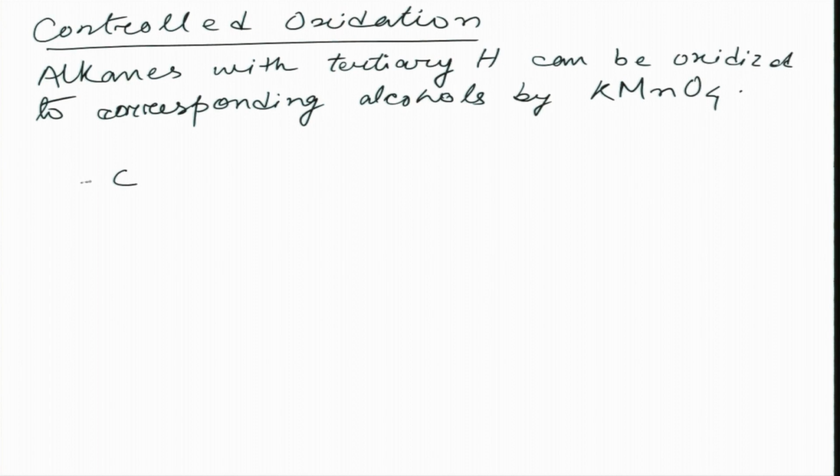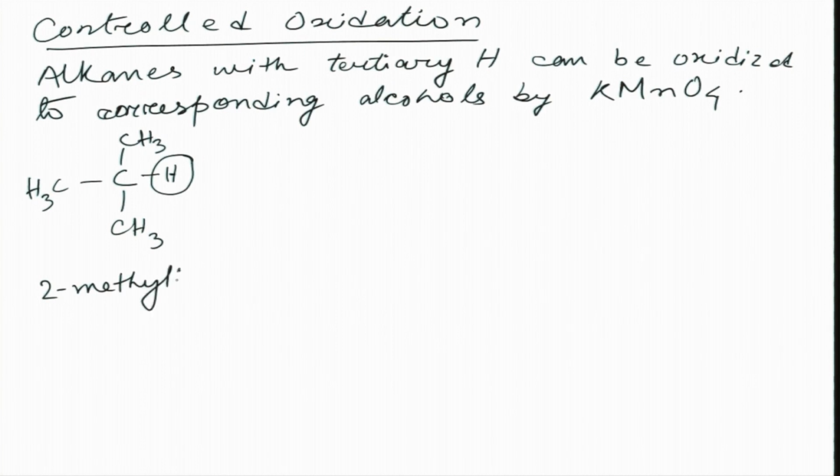Okay. So, let us consider this alkane. Methyl propane, or isobutane. So, this is a tertiary hydrogen atom. So, this was 2-methyl propane, right.